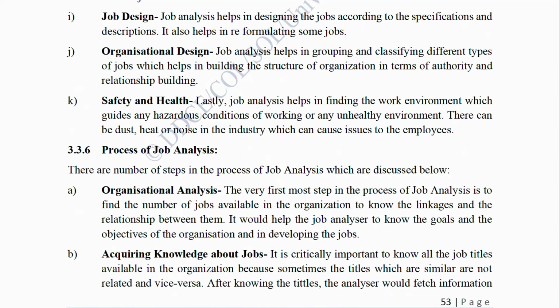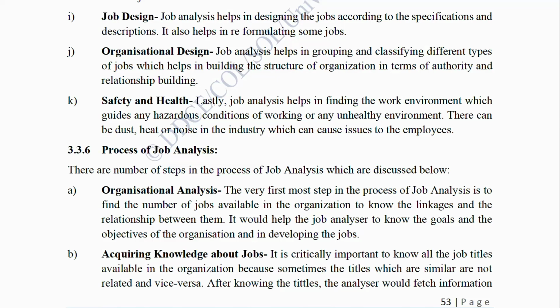Ninth, job design. Job analysis helps in designing the job according to the specifications and descriptions. It also helps in reformulating some jobs. 10th, organizational design. Job analysis helps in grouping and classifying different types of jobs, which helps in building the structure of the organization in terms of authority and relationship building.